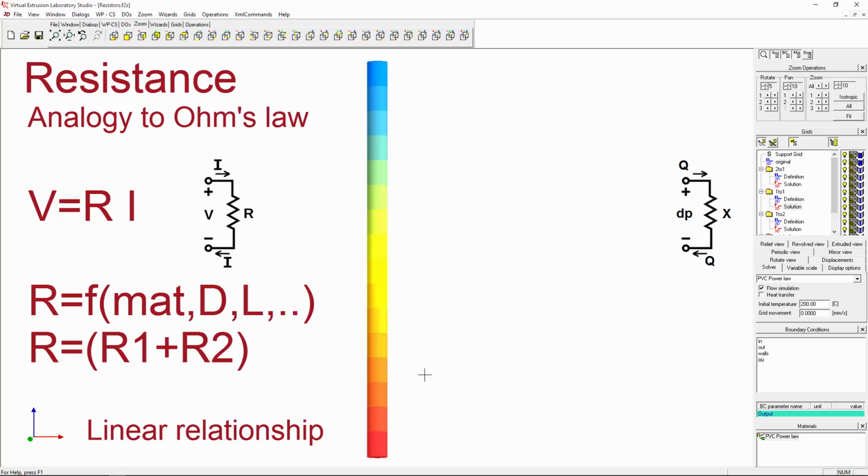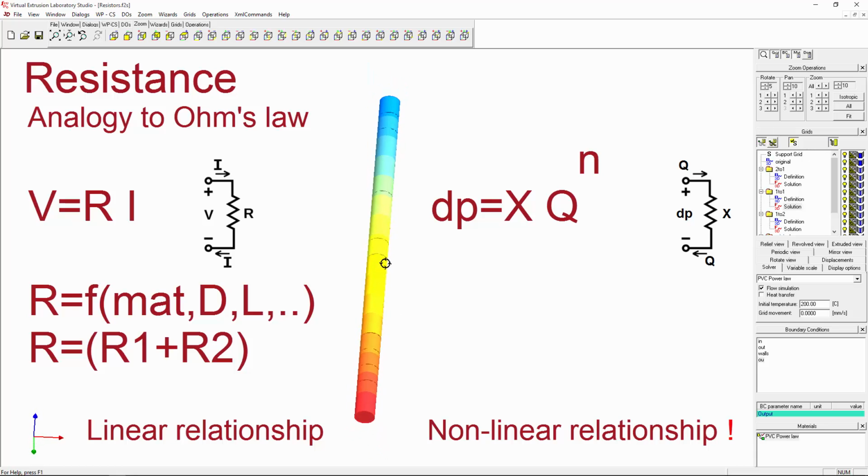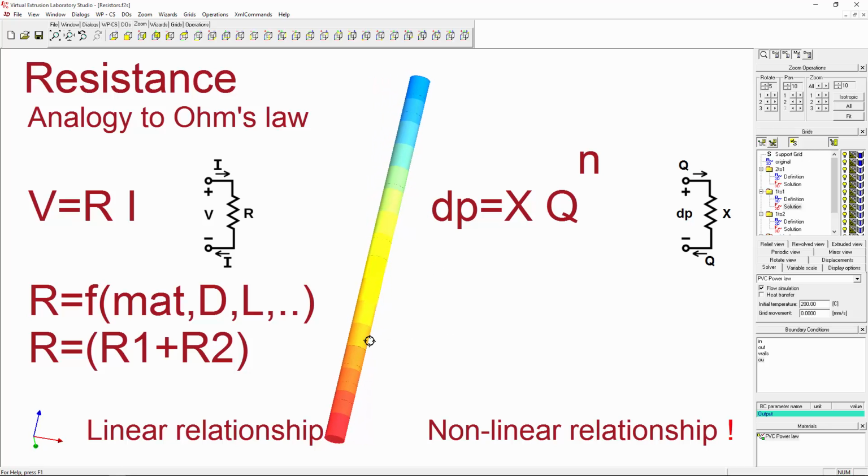So apparently the ratio between them can be called a resistance. We see that the flow has a resistance similarly as the wires or electrons have resistance in the wires and in the cables. And we can now start thinking about the flow as a certain network of resistors. We will see that in the next presentations too.